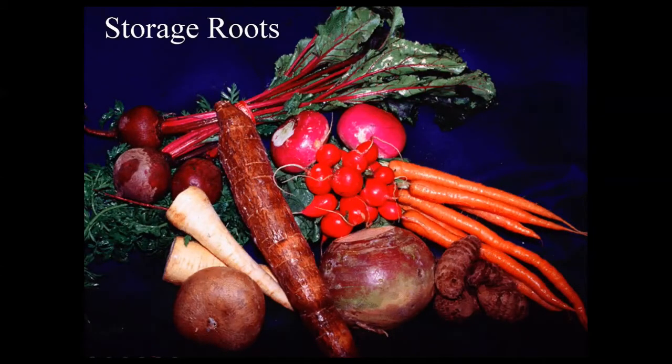I'm not sure what this one is, but this is a cassava or manihot, the stuff that tapioca comes from. And this is like taro, but they're all earth vegetables, for storage of carbohydrates.